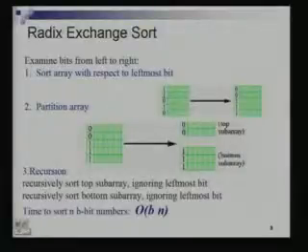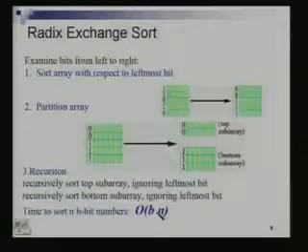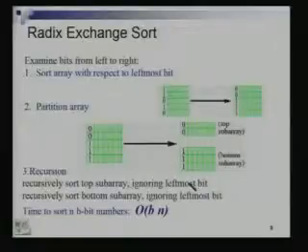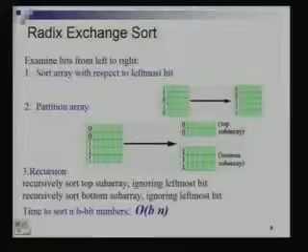So I claim to sort n b bit numbers, you will require order bn time. And why is this? Let's try and understand this. Can I write a recurrence for this? Can someone write a recurrence for this? Okay, let's write a recurrence.